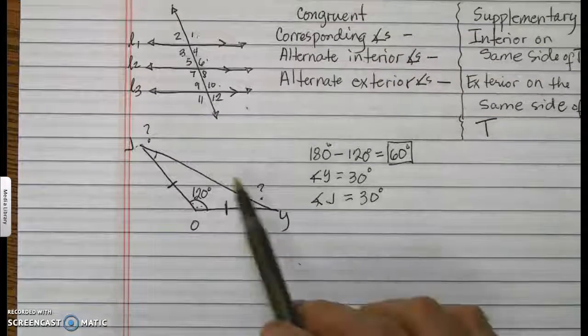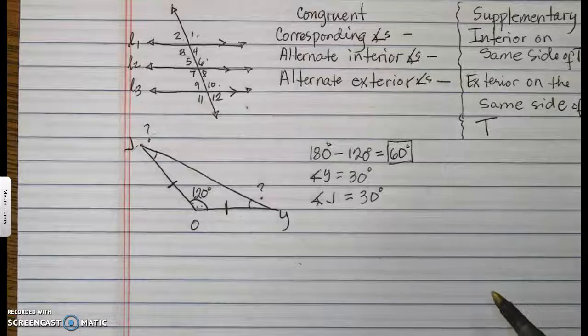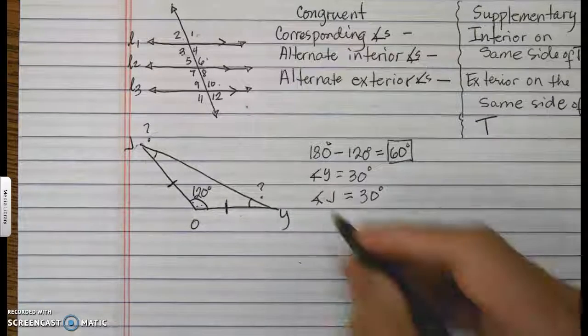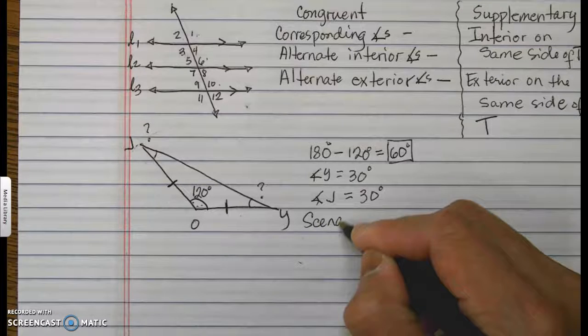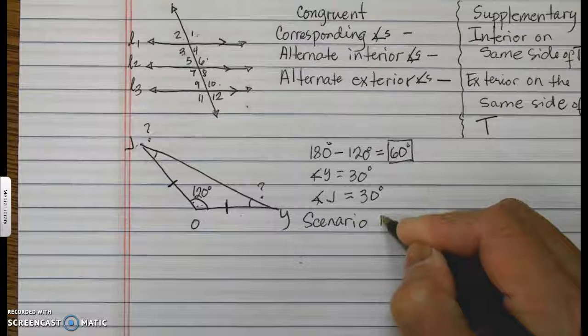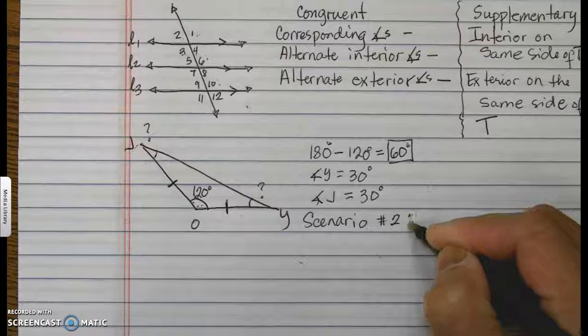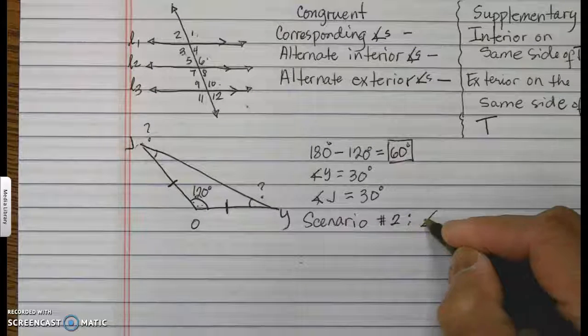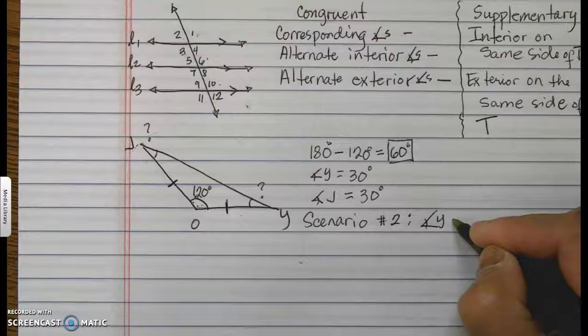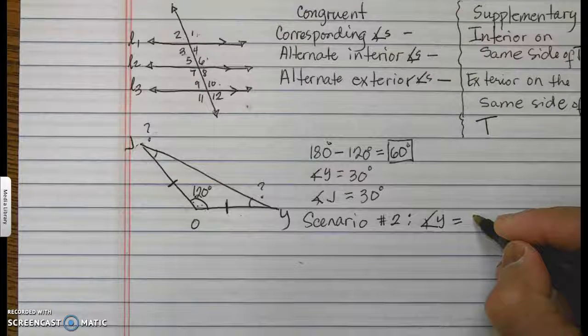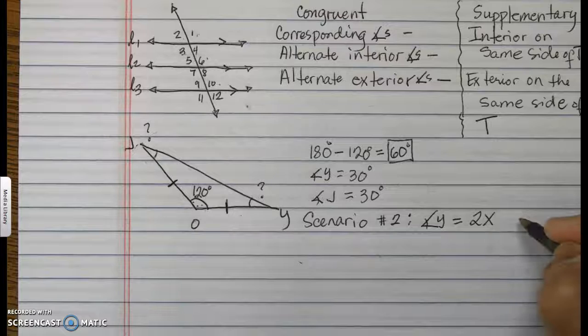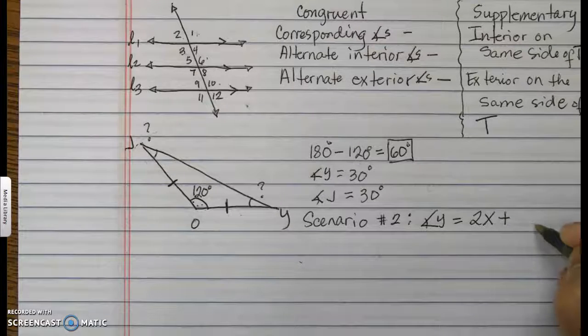What if I use the same figure, but I have a scenario that says, this is scenario number 2. What if my angle Y is equal to 2x plus 1?